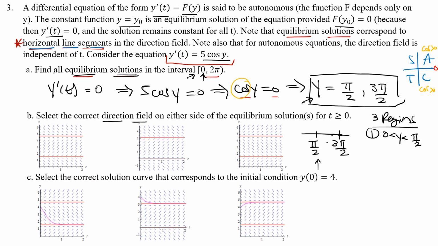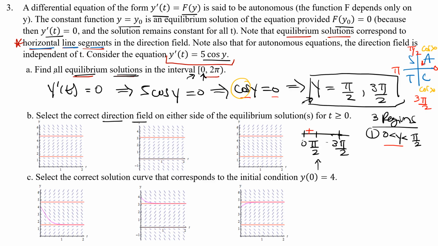Here is 0, here is pi over 2, here's pi, and then down here 3 pi over 2. Well, right now we're only looking between 0 and pi over 2, so that means we're looking here in the first quadrant. And there we see that cosine is positive. So cosine is positive from 0 up to pi over 2.